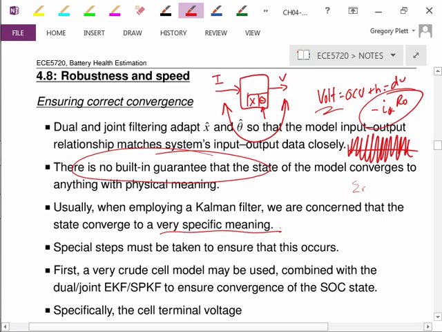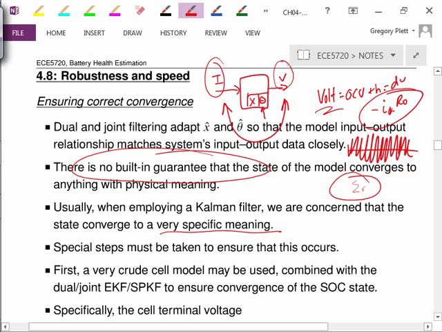One thing to do would be to adjust the covariance matrices sigma r so that you have very slow adaptation, and that can help. It doesn't prevent, but it certainly helps the situation. And another thing is, right now we've been assuming the input to the model is current and the output is voltage because that's really what we measure.